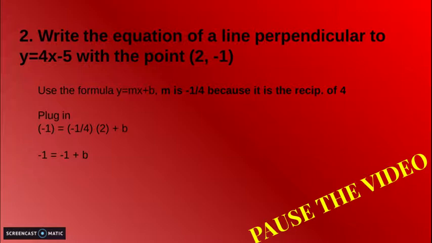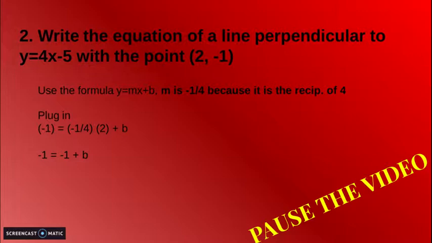You multiply... that is actually wrong, I just realized. If you actually do this right, the -1 is not what you're supposed to get.